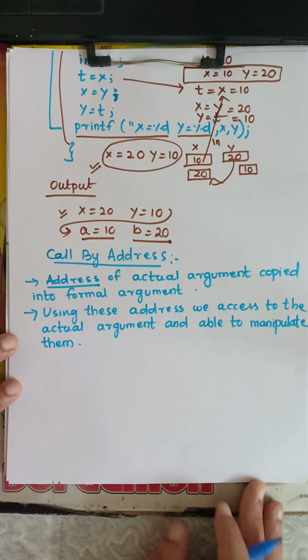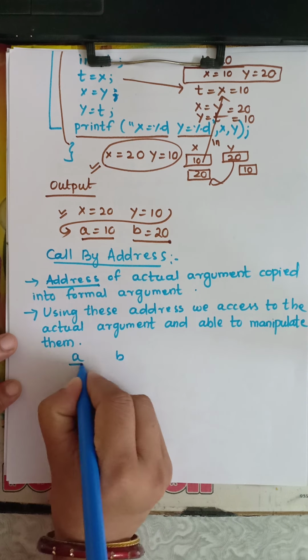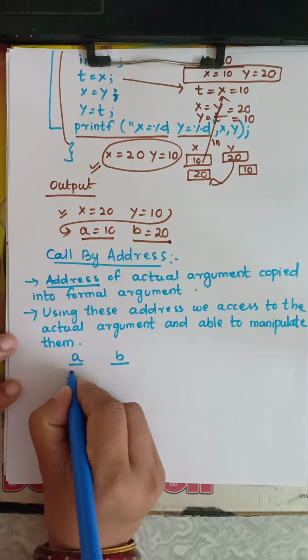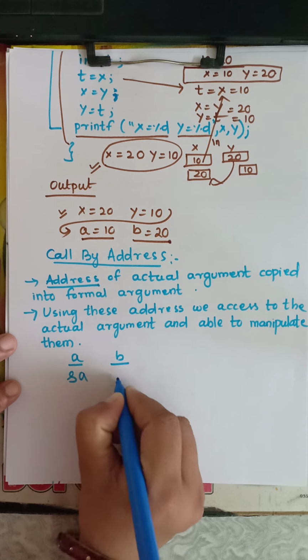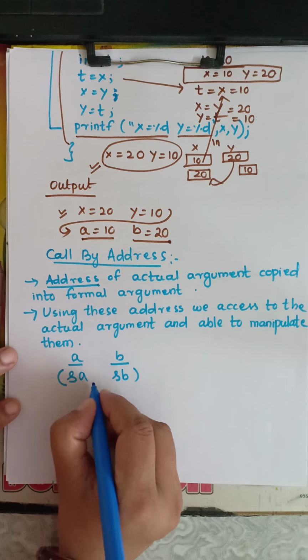Okay, so here we are using the address of a variable. If here I use a and b, so what do we pass inside the function? The address of a and the address of b we are passing here.